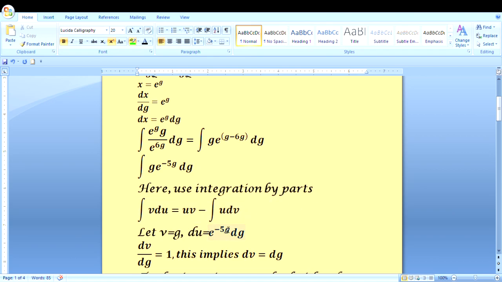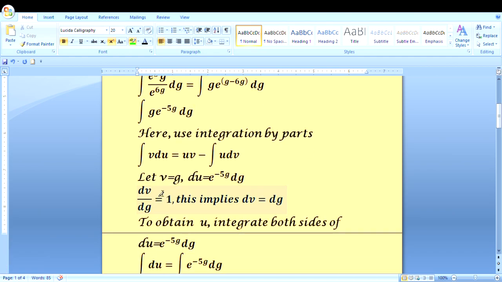This is the formula for when you are integrating products, a function that is a product. So what we need to do, we say u is equal to g and dv is equal to exponential minus 5g dg.